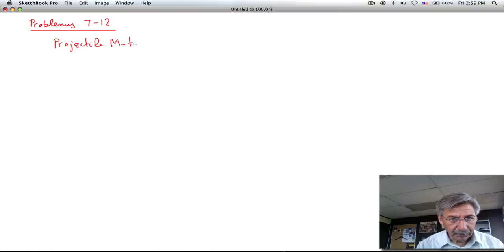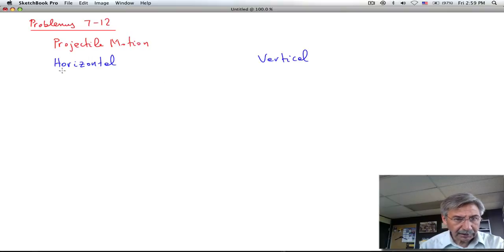And in projectile motion, as was done in detail in lecture, you have a horizontal motion and you have a vertical motion, and they are both independent. The horizontal motion is described by two equations only.